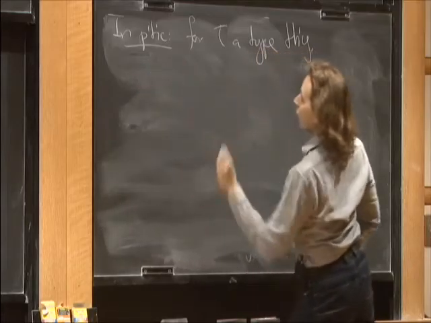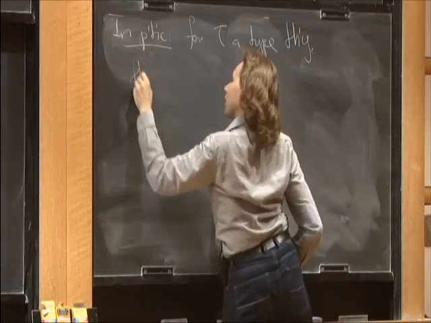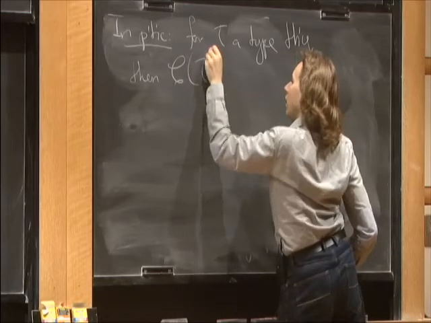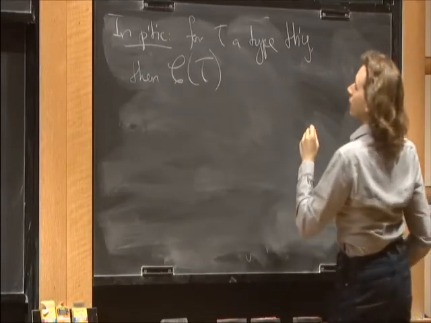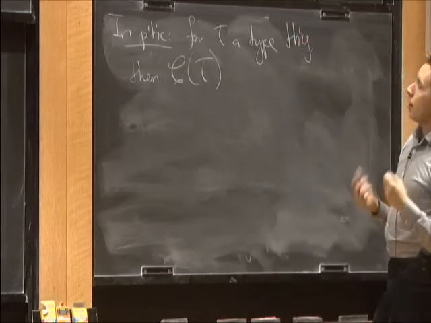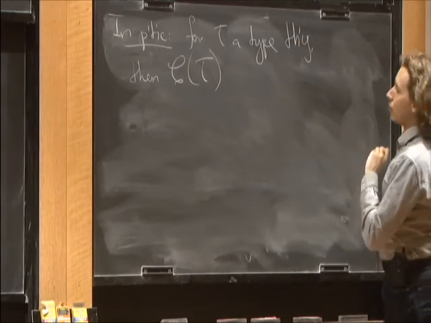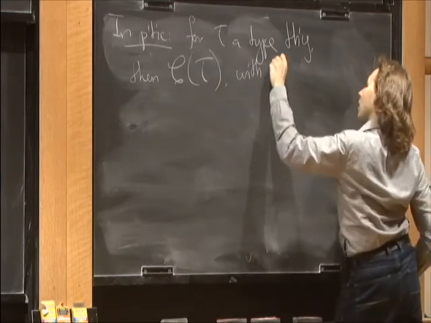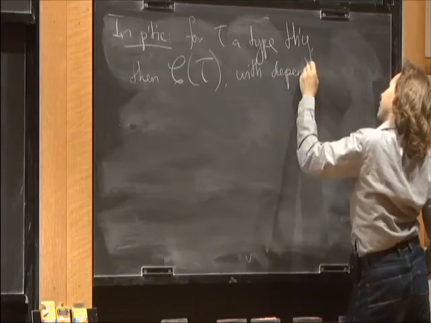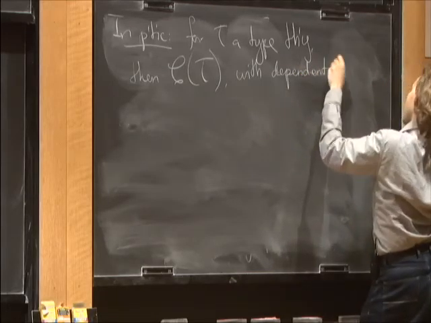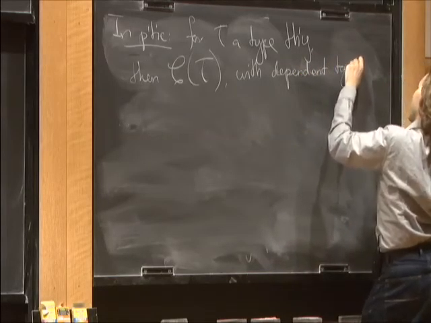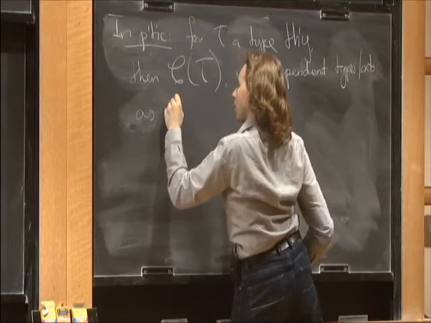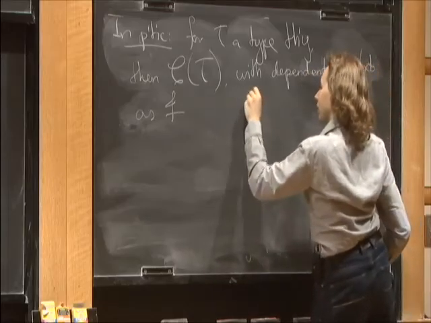And so if we have a type theory, then the classifying category of T, so the category of contexts of T and context maps between them, with the dependent types and contexts as the fibrations.